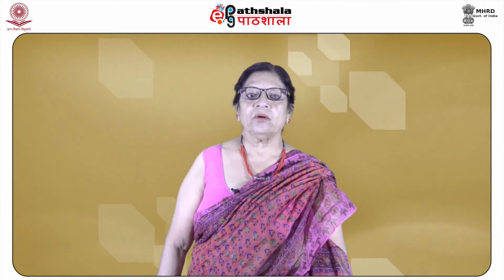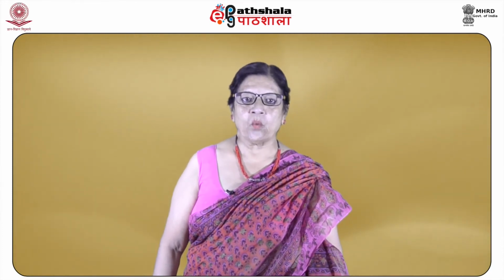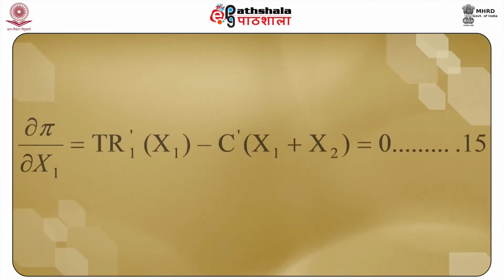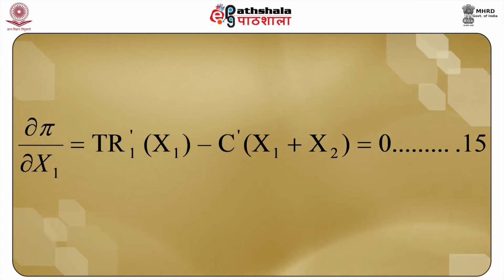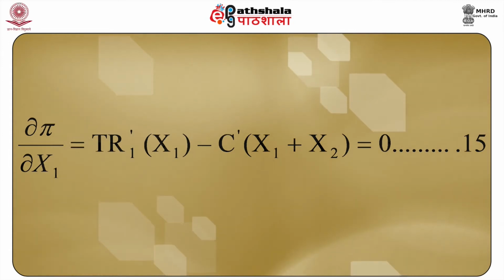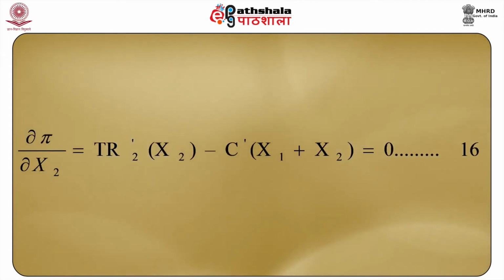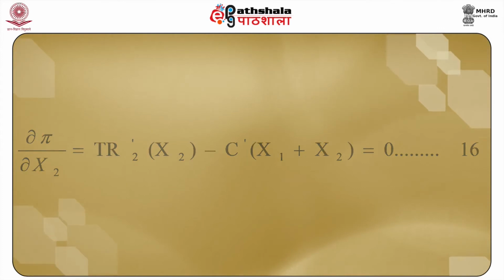The condition for profit maximization requires that delta pi over delta x1 is equal to TR1'(x1) minus C'(x1 + x2), which is equal to 0. Delta pi over delta x2 is equal to TR2'(x2) minus C'(x1 + x2) equal to 0.